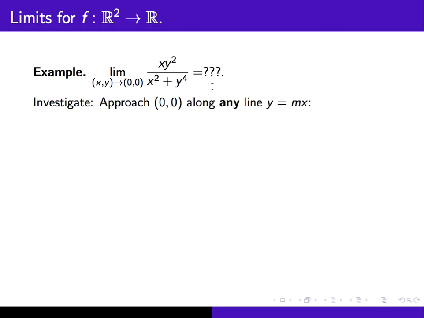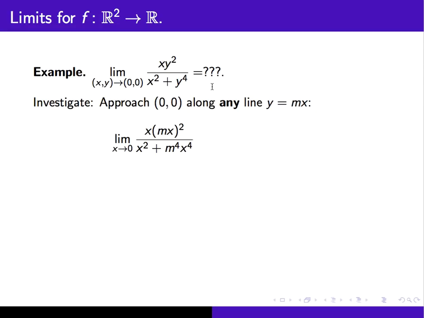That also will fit into this, but let's just look at this line. So y equals mx. In this case, we replace y with mx everywhere, and let's think about the limit now as x goes to 0. So as x goes to 0, we're approaching the origin along this line.